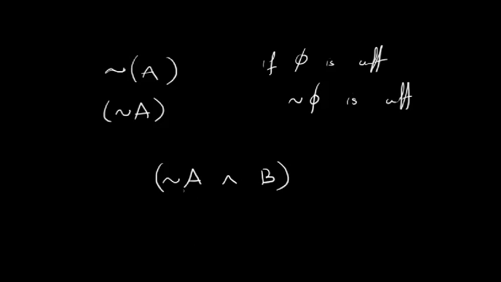Now your worry might be, this is currently ambiguous because it's not clear whether the tilde is applying to just the A or to the conjunction of A and B. But actually that is clear because a tilde always just applies to the formula directly to its right, and A on its own is a well-formed formula, so this can only be read as the conjunction of not A and B. If we wanted to make it the negation of the conjunction of A and B, we'd need to add in some brackets here. But in that case, once we've done that, we could get rid of these outer brackets.